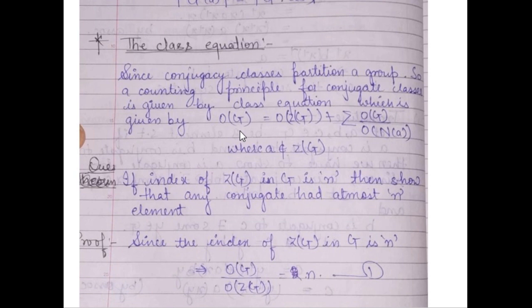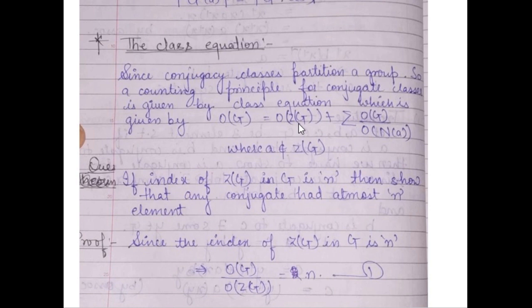Since conjugacy classes partition a group, a counting principle for conjugacy classes is given by the class equation, which is given by the order of group G equals the order of Z(G) plus the sum, where A does not belong to Z(G), of order of G upon order of N(A).